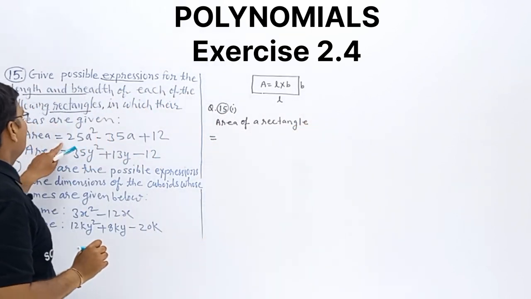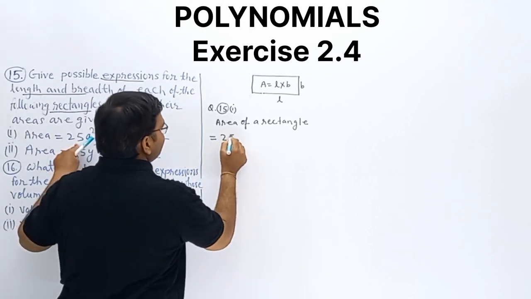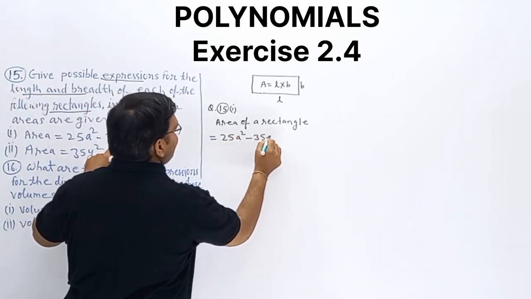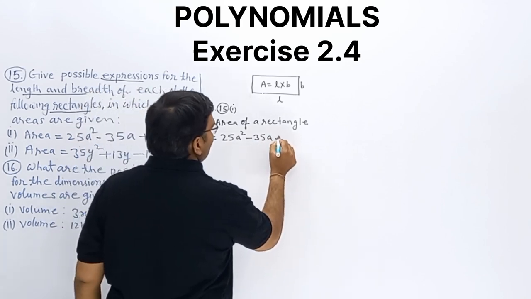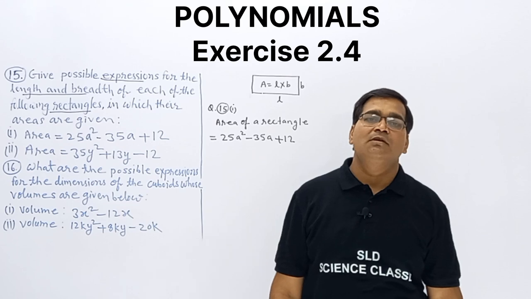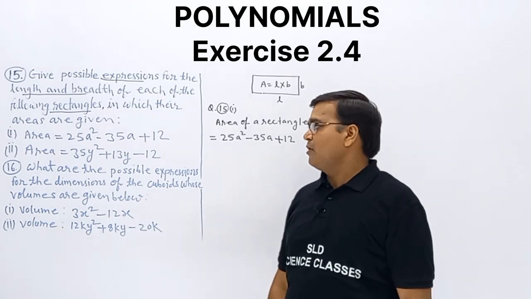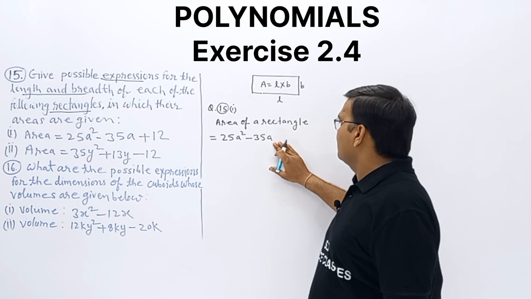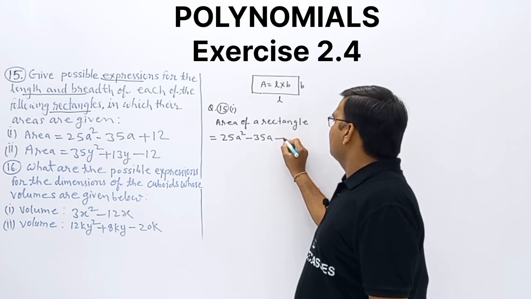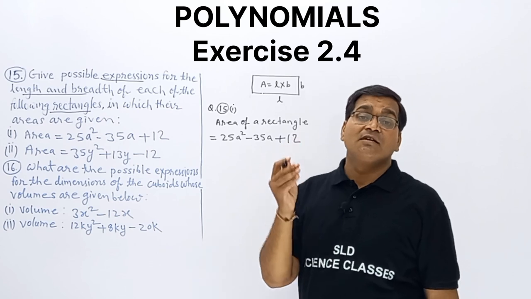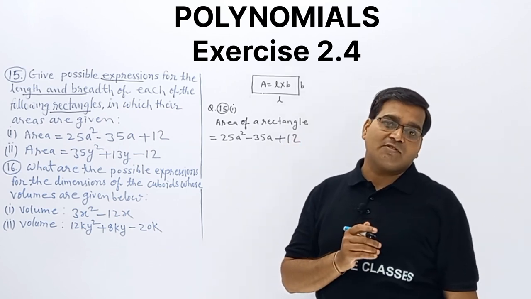We have 25a square minus 35a plus 12. This is the area expression for the rectangle. We want the length and breadth expressions.